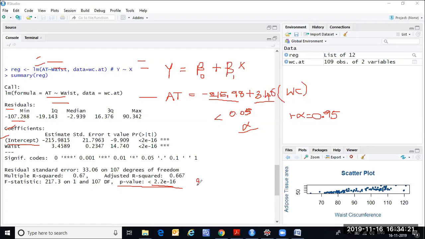What is this 2.2 into e power minus 16 means? This is nothing but 2.2 into 10 power minus 16. So if you expand this, how does it look like? 0.15 zeros. 2, 3, 4, 5, 6, 7, 8, 9, 10.